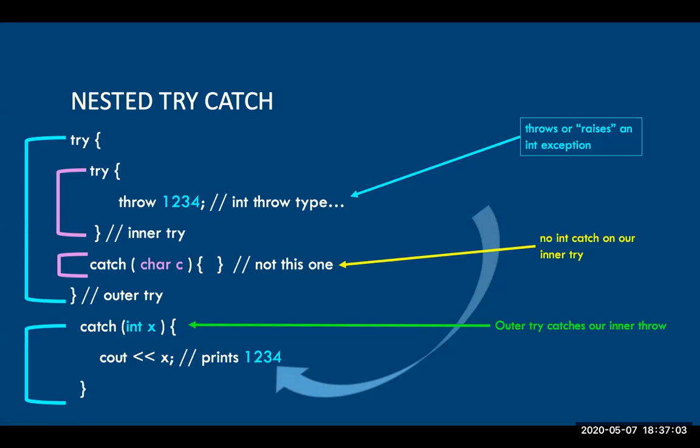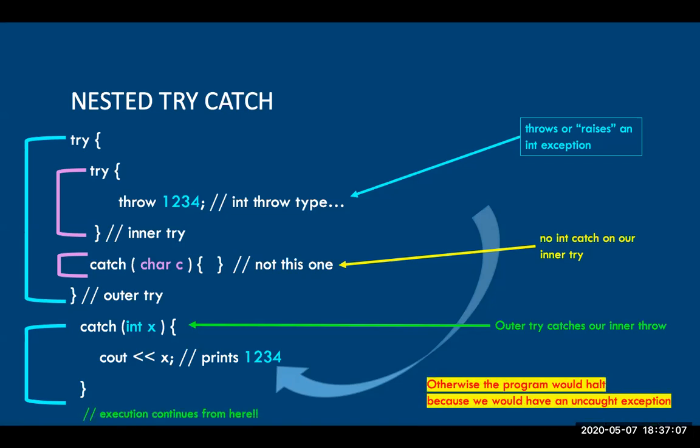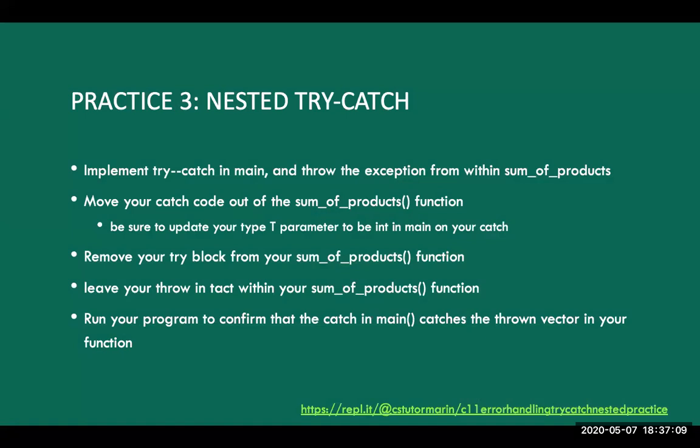Okay. Strange, I know. Let me press on and see if we can get to more clarity. So here we're going to, once again, look at our sum of products. We're going to put the try around the call to sum of products. We're going to push the raising of the exception.